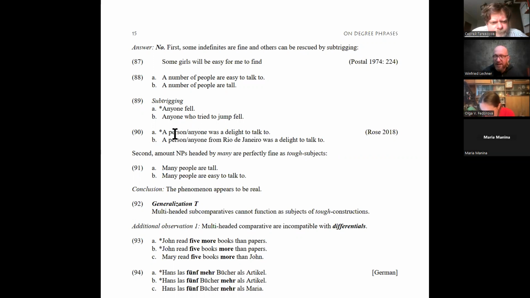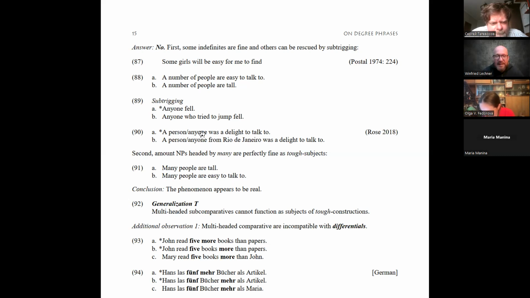Let's concentrate here on 90A. That's also a type of tough construction. It was a delight to talk to anyone, but not anyone was a delight to talk to. But that would also not work in the case of comparatives, because many people are easy to talk to. That's totally fine. 91B.